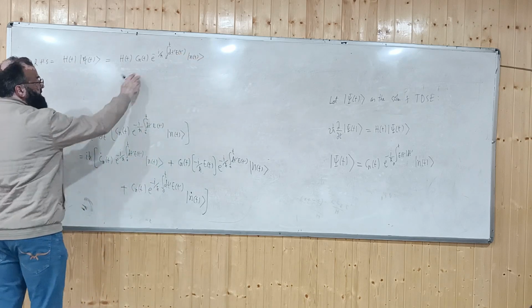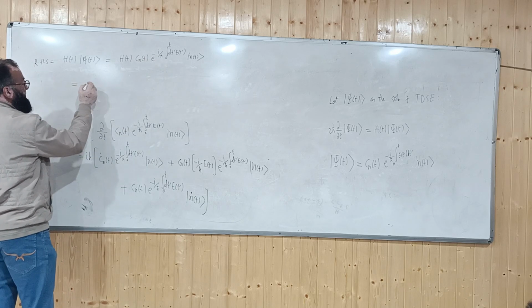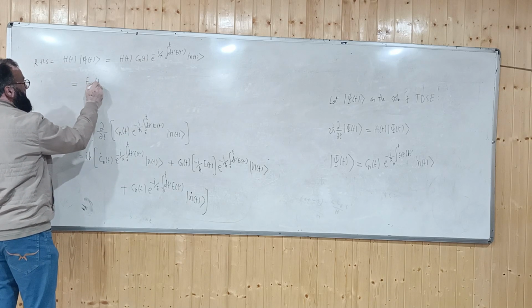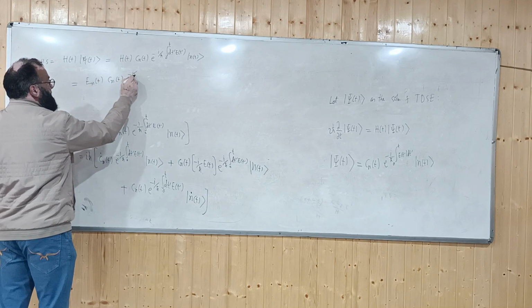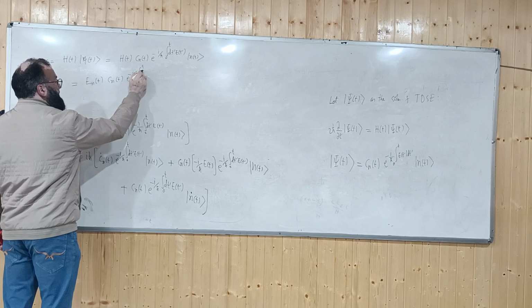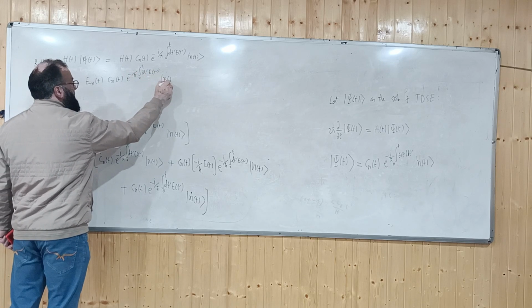Clear? Now these are numbers, H actually acts on that. So what you get? You'll get simply En of t. So En of t Cn of t e raised to minus i by ħ integral 0 to t dt prime En of t prime |n(t)>.